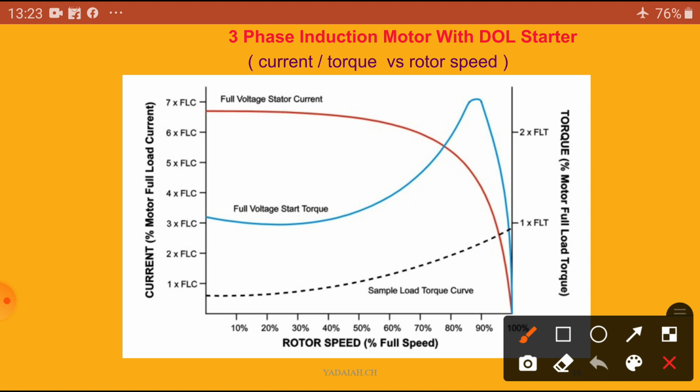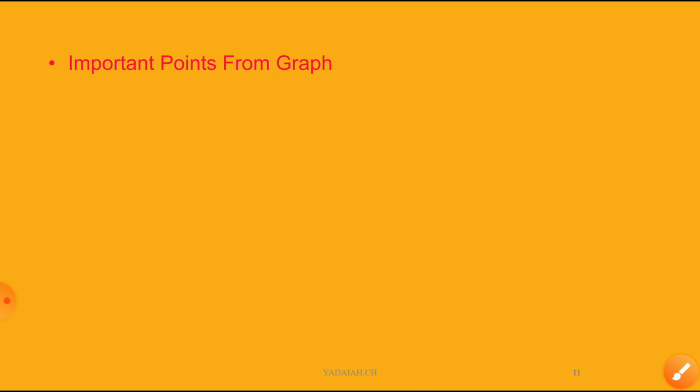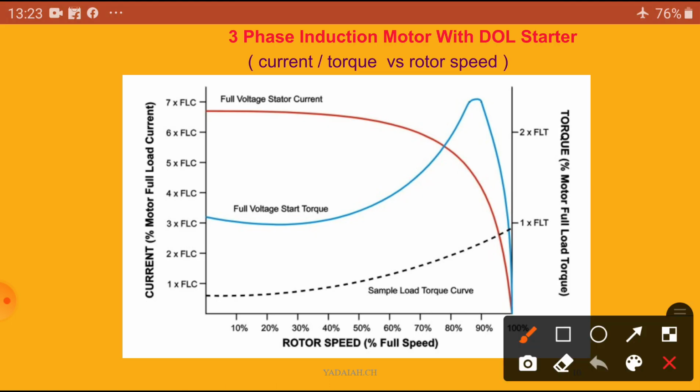Now this is the behavior of the DOL starter. Here we are not controlling the current initially. The current is more, but even that more current is unable to damage our winding, because the insulation is provided. For ratings below 5 HP, the motor can withstand high starting currents due to its robust construction.